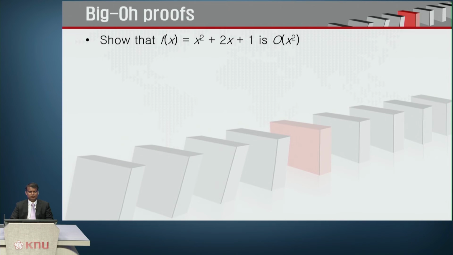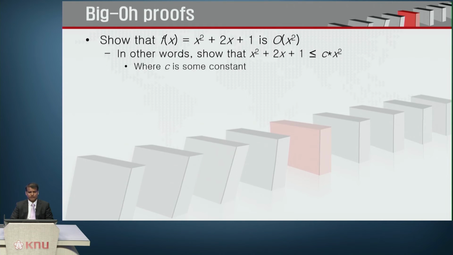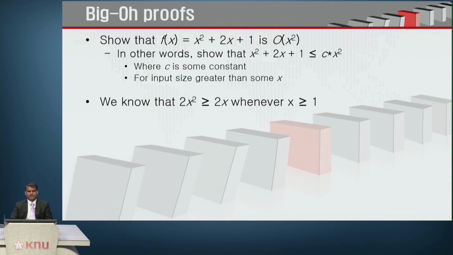Let's look at this simple proof. Here f of x is x square plus 2x plus 1, which is big O x square. In other words, we say x square plus 2x plus 1 is less than or equal to c times x square, where c is some constant and for input size greater than some x. We know that 2x square is greater than 2x whenever x is greater than 1, right.